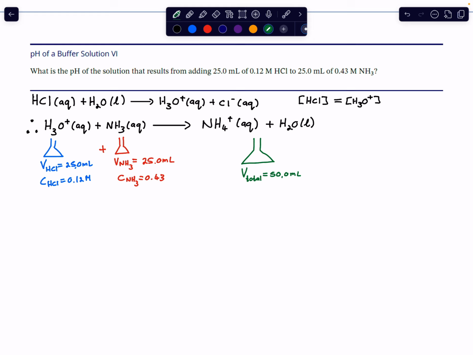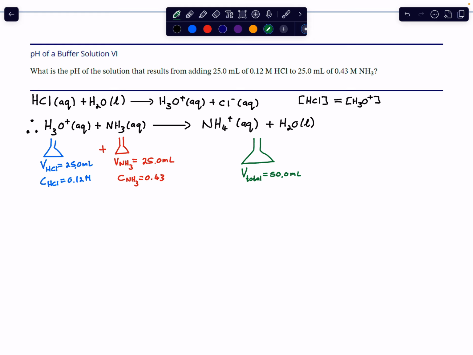All right, cool. So now the question becomes one of stoichiometry, right? Because we can see we have a certain amount of acid, a certain amount of HCl, which is equal to the hydronium ion concentration, which can react. We have a certain amount of ammonia, which can react.